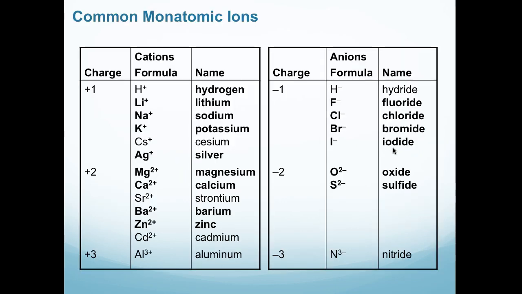So I have here just a list of some common monatomic ions, and most of these you can get straight from the periodic table. Again, we want to make note of our four exceptions, so silver and zinc, and then also lead and tin are going to be our exceptions.